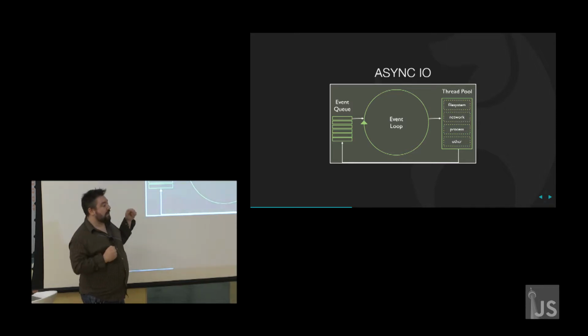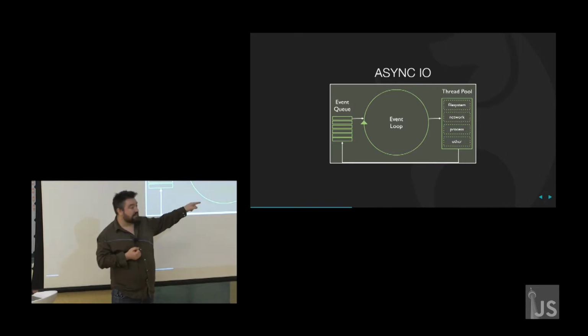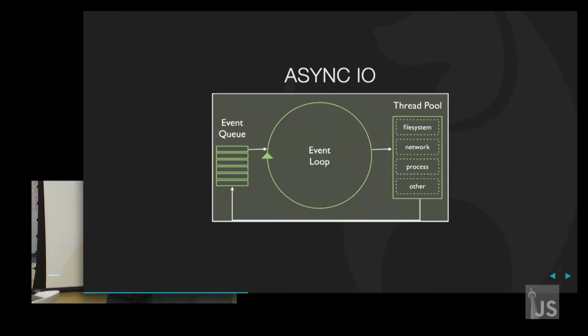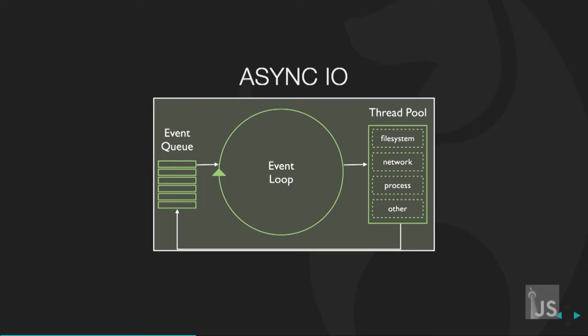Any call we make that requires I/O, we just send off as an event. It gets put on the thread pool, processes it, comes back into the event queue, stacks up, and the event loop is just sitting there in one single process, picking these things off and feeding them into our event handlers, into our methods, into our objects. So really kind of genius when you think about it, but it doesn't come without its costs.